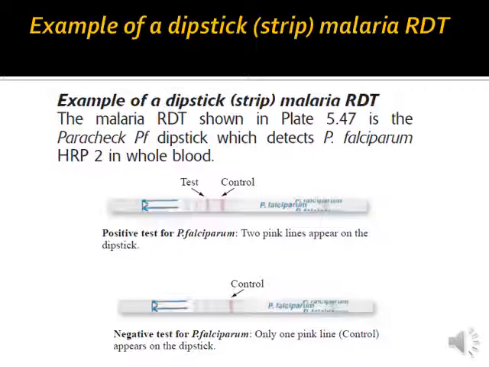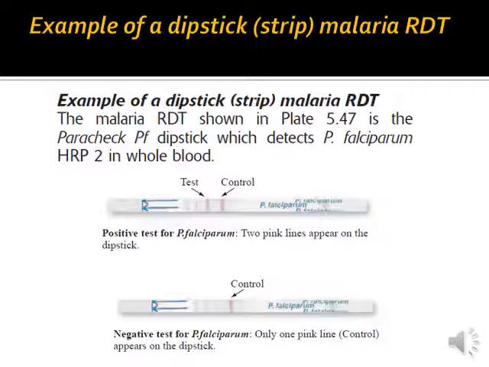So what is going to be there on the control line? The control line is going to contain antibodies which are directed against colloidal gold particles.